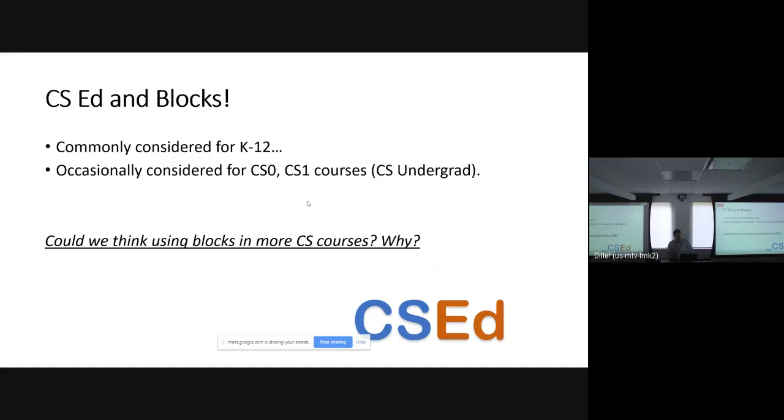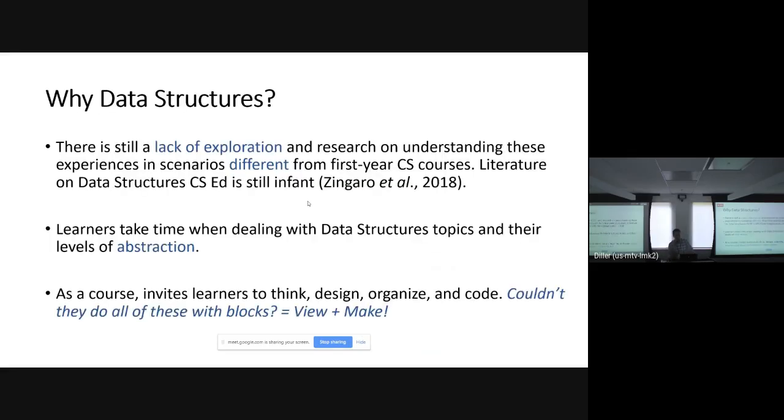Something that I came to think was, okay, if we have CS0, CS1, and K-12, what is the reason for not using blocks in other kinds of computer science courses? It is interesting, especially when it comes to courses like data structures, which are subsequent to Computer Science 0 and Computer Science 1.